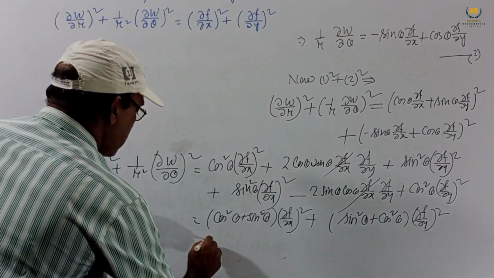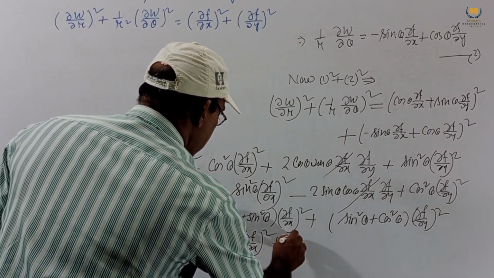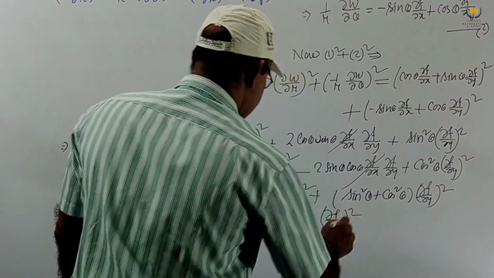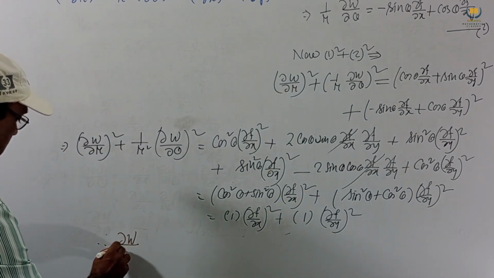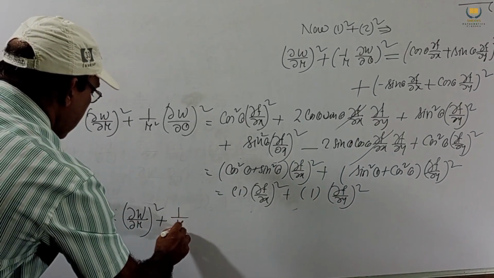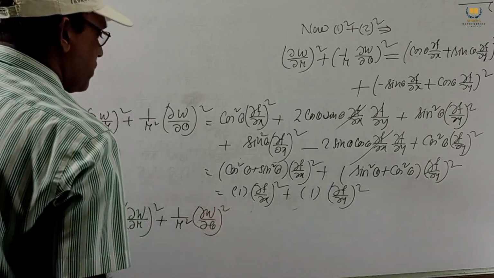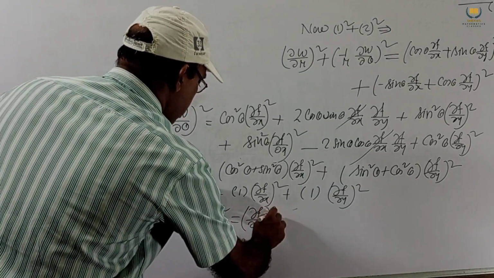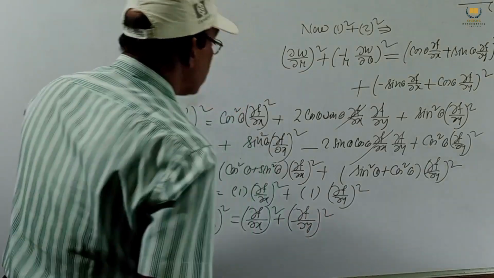Ultimately we get 1·(∂f/∂x)² + 1·(∂f/∂y)². Therefore finally we get (∂w/∂r)² + (1/r²)(∂w/∂θ)² = (∂f/∂x)² + (∂f/∂y)².